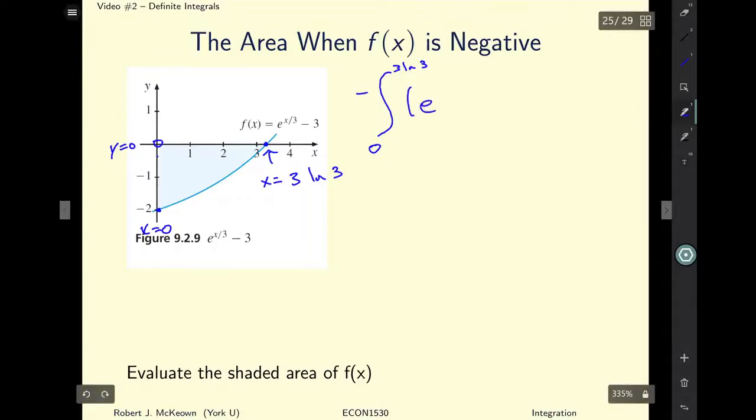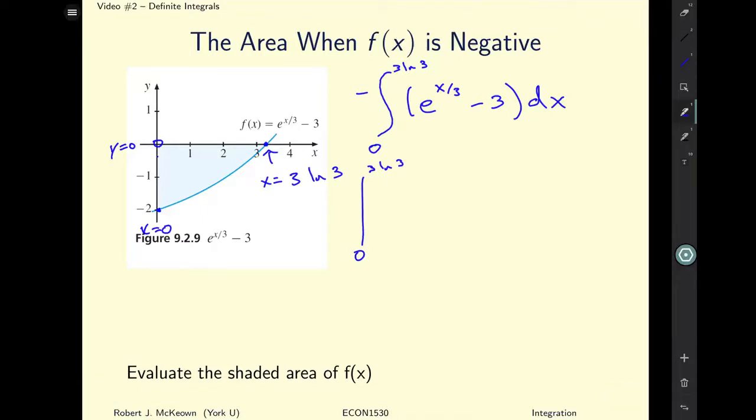Now I'll write the function that we're interested in evaluating, like so. Now I'm going to integrate it, so I'll write the integral line here, 3 log 3, 0. I'm not actually going to plug in the values yet and calculate the area. I'm just going to try and integrate this thing.